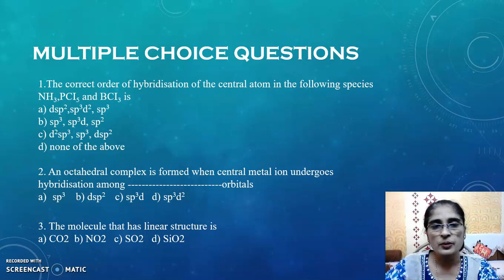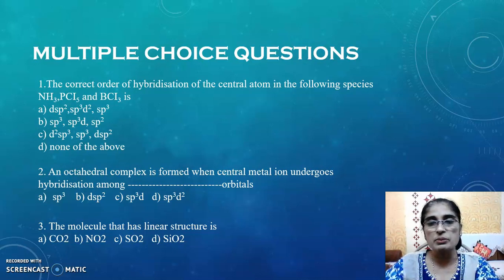Then the second question: an octahedral complex is formed when the central metal ion undergoes hybridization among dash orbitals. If we know the number of hybrid orbitals formed, it is very easy to predict the type of hybridization. Octahedral means the surrounding atoms should be 6, and very easily we can predict the correct answer will be sp3d2.